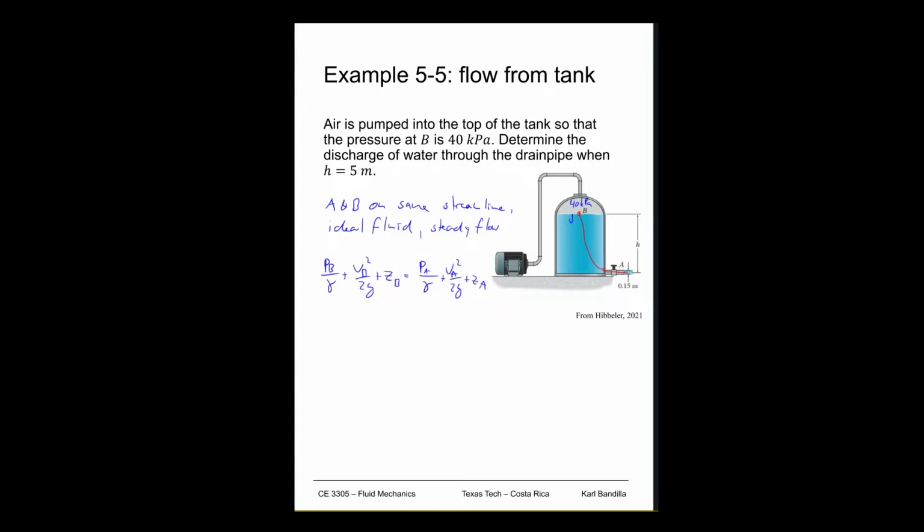Right, so we can say, or I would say water level better than surface.